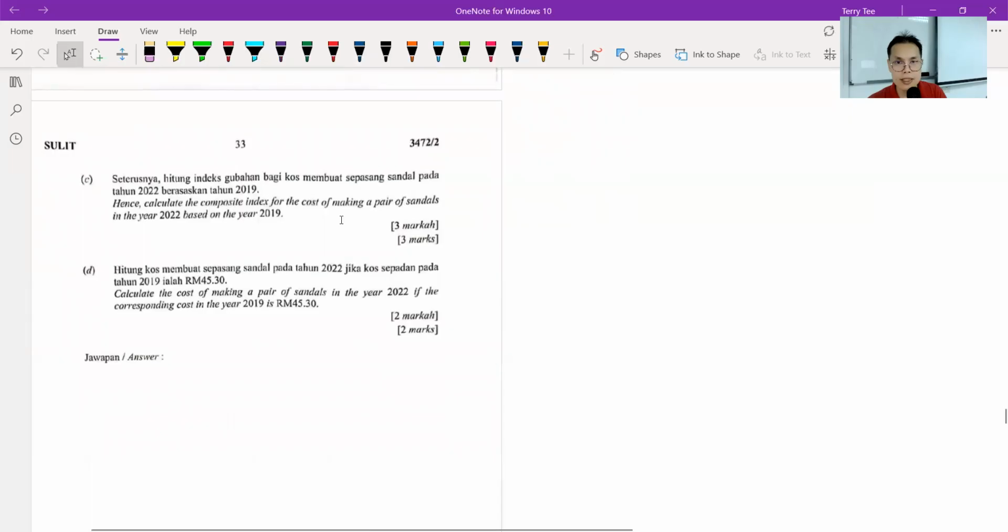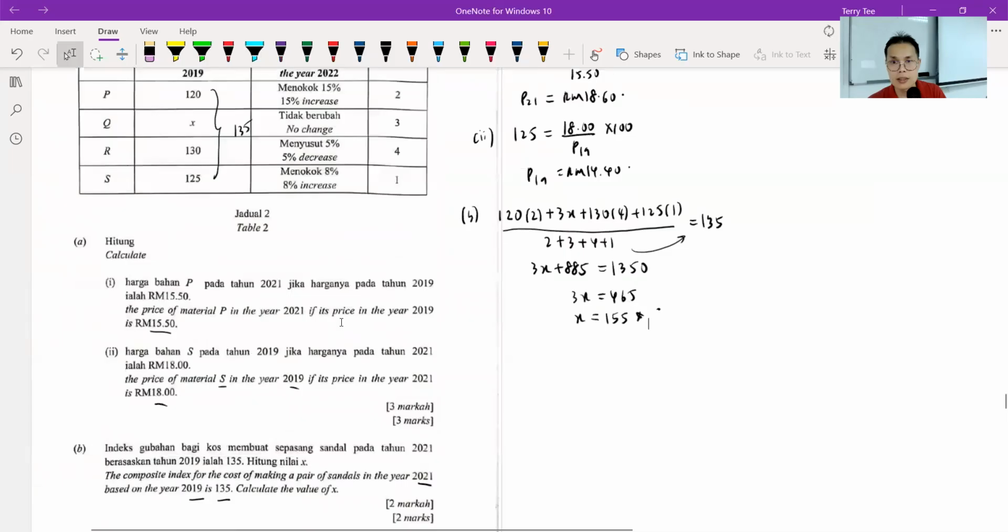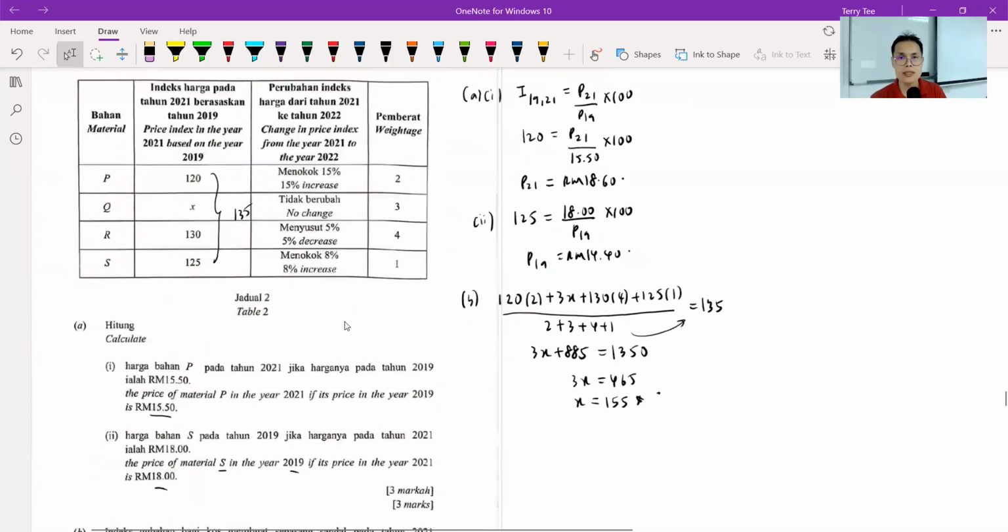Now next, hence calculate the composite index for the cost of making a pair of sandals in year 2022 based on the year 2019. So this is part C. You notice that we are given the changes in price from year 2021 to 22. When you increase by 15%, the index is 115, unchanged the index is 100, decrease by 5% is 95, increase by 8% is 108.